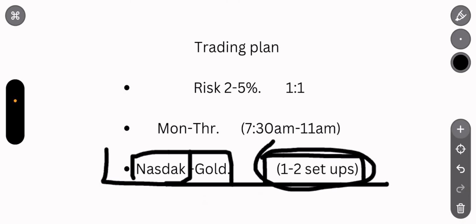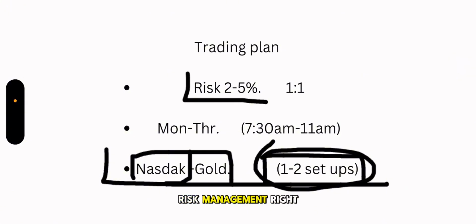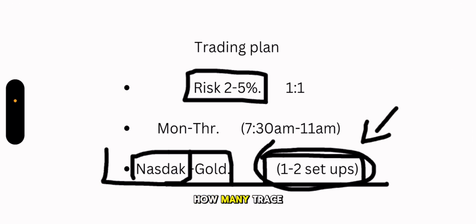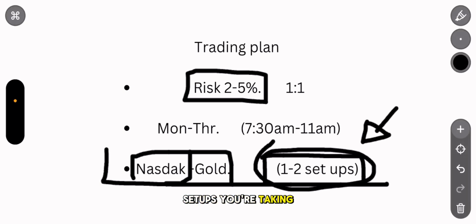Okay. So also something you want to check out is that the risk management, right? The risk that you have for the day, it ties into how many trade setups you're taking, right? So let's say I take 1 trade setup and I'm risking $5 for the whole day, correct? And I take 1 trade setup, right?